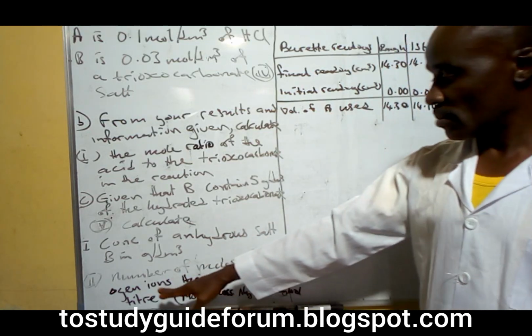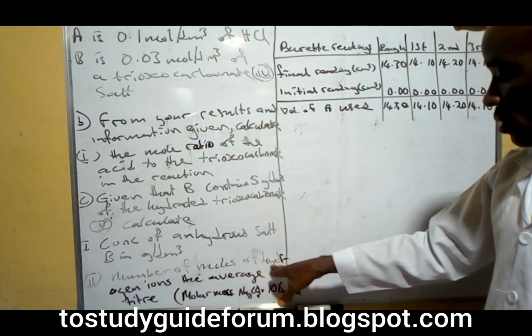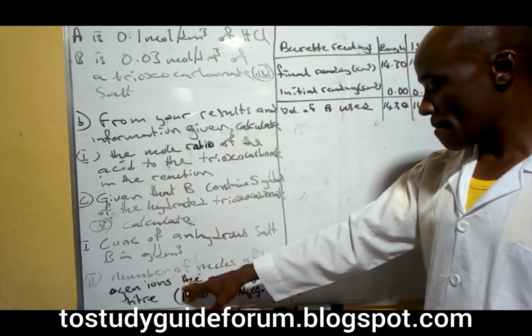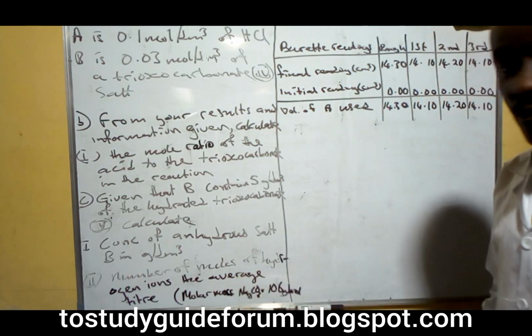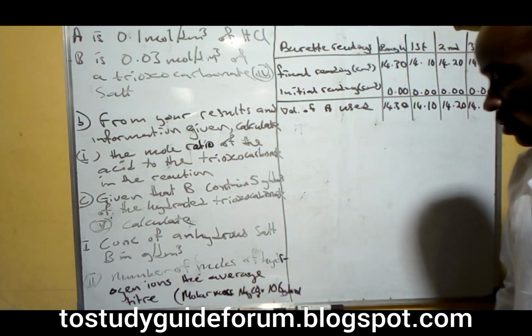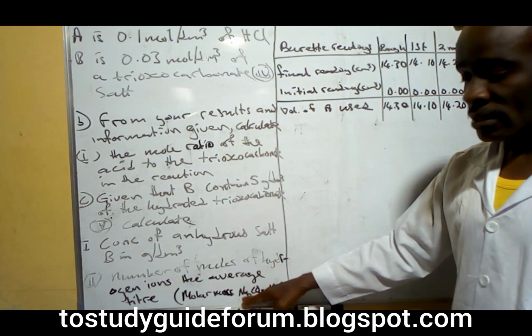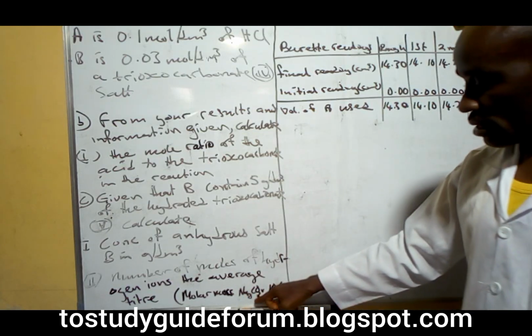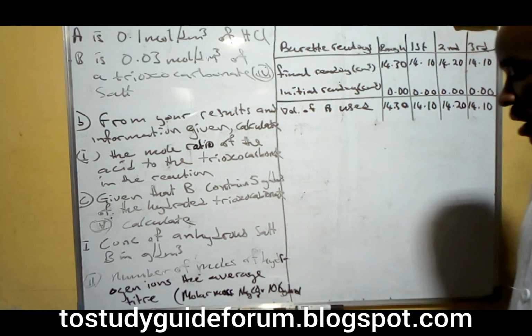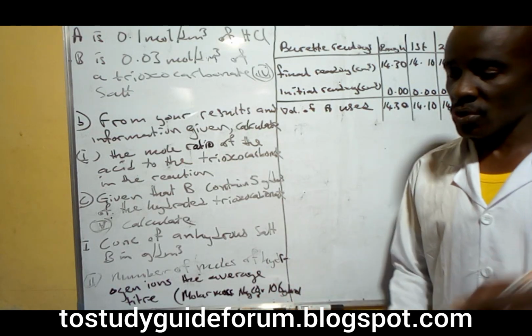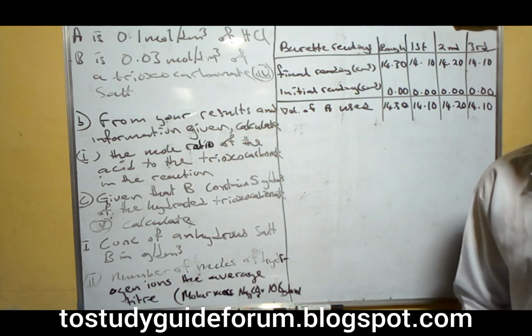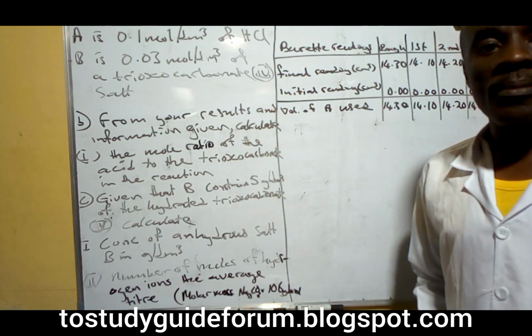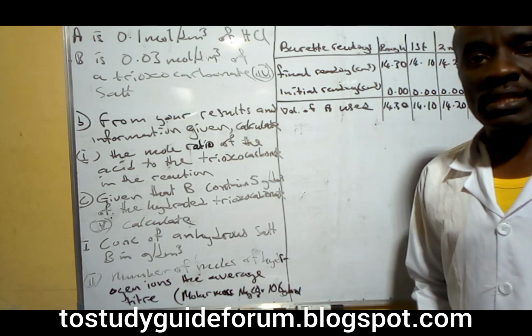The next one is the number of moles of hydrogen ion in the average titer. We are given the molar mass of the trioxocarbonate, and we know it's hydrated. Another thing you should know about this salt is that once you expose it to air, it tends to lose water of crystallization.